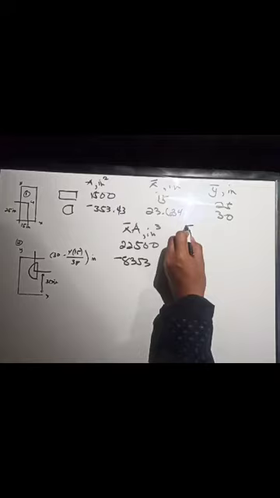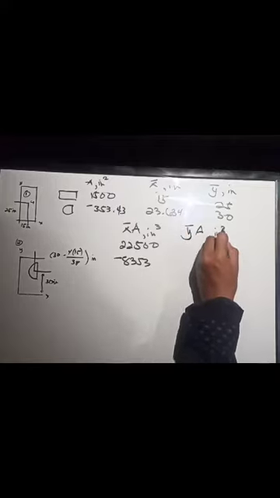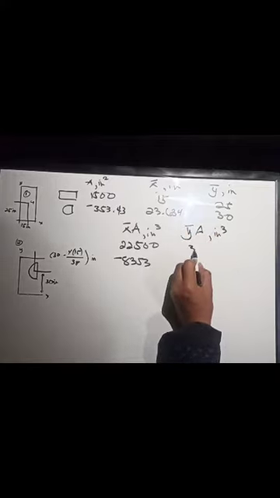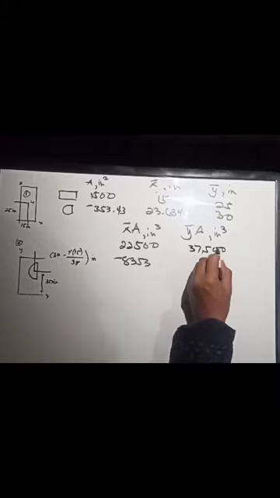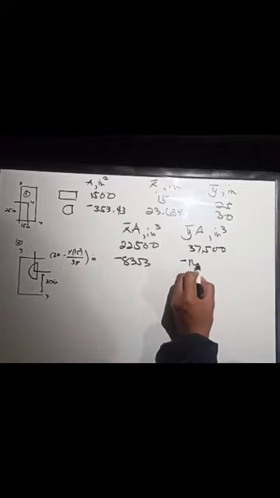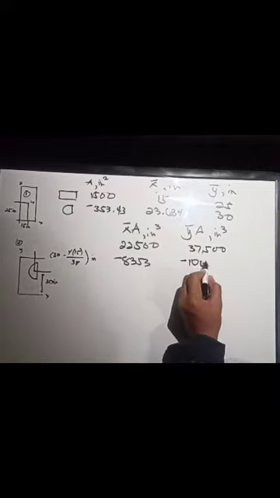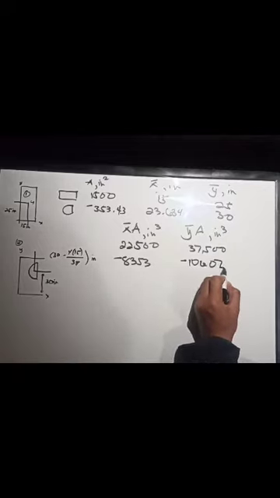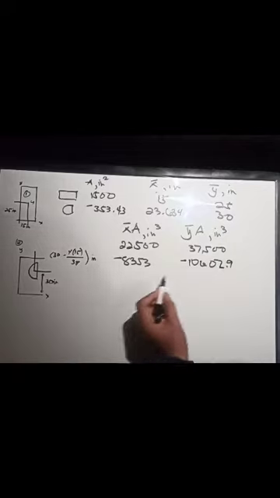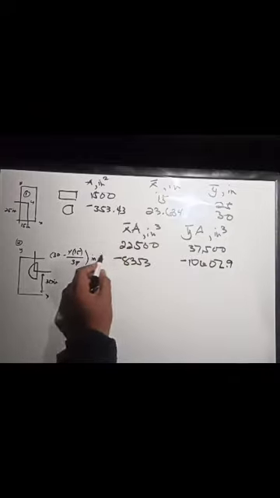And for y bar a, meron tayong 37,500 and negative 10,602.9.